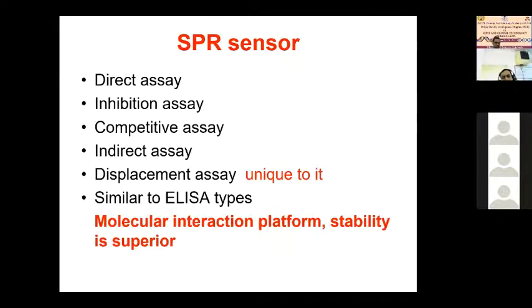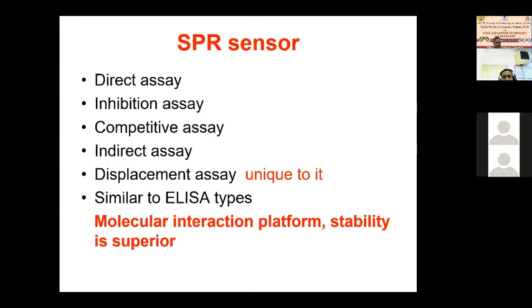You can have an inhibition assay format, a competitive assay format, an indirect assay format, but in ELISA you cannot have a displacement assay format. This machine allows you to have a displacement assay format. And in all types, it is similar to the ELISA.